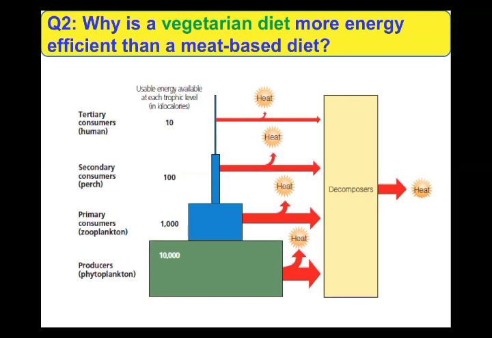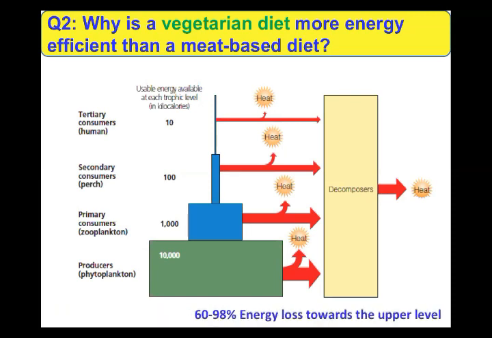So the energy they derive from the immediate level is much lower than that of the herbivores, which consume the energy directly from the producers. This is how one can easily conclude that the vegetarian diet has more energy and is more energy efficient than the meat-based diet.